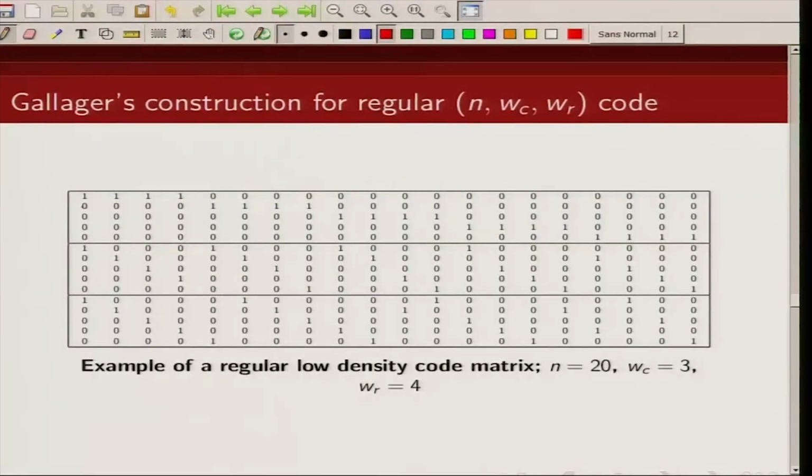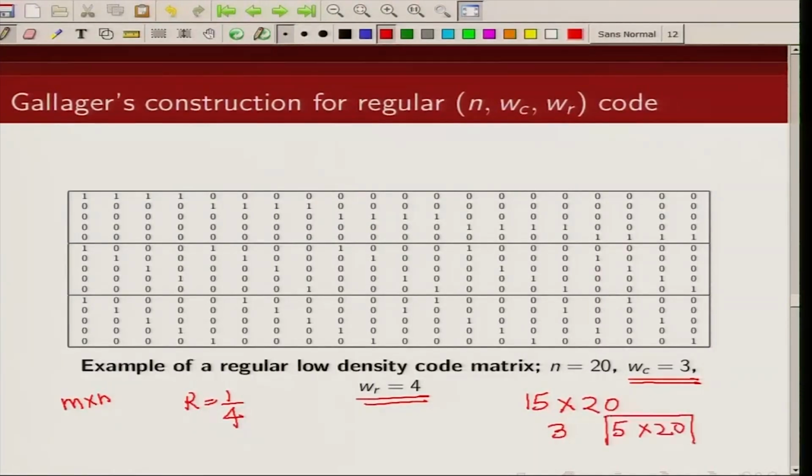First, you have an m cross n matrix. Remember, this was a rate one by four code where WC is 3 and WR is 4. So this is a 15 cross 20 matrix. Now you divide this 15 cross 20 matrix into 3 sub matrices of 5 cross 20.